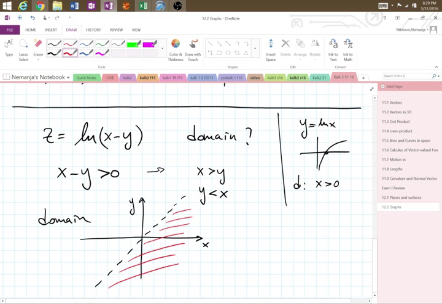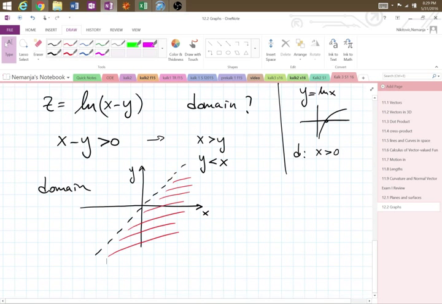Now you can test this, right? If you pick this point here, it's (1, negative 1). When you plug that in, you get ln of 2. That's green, right?